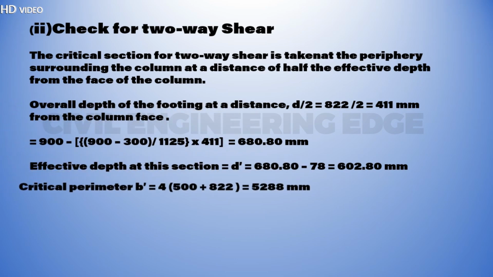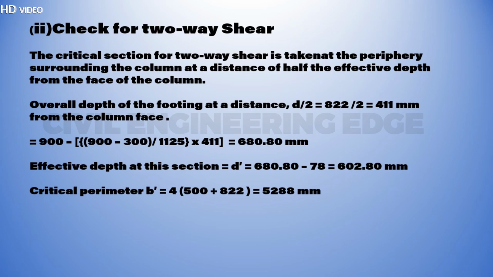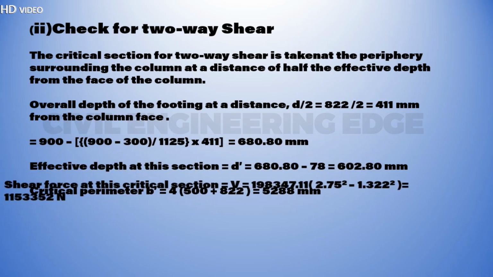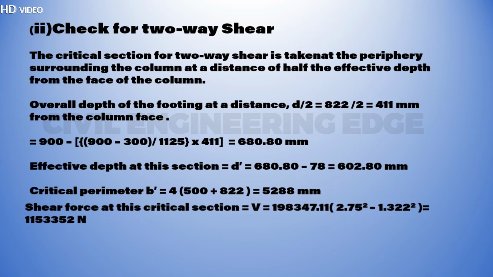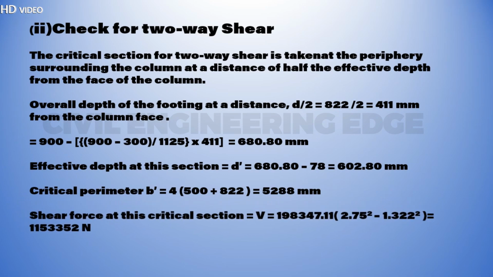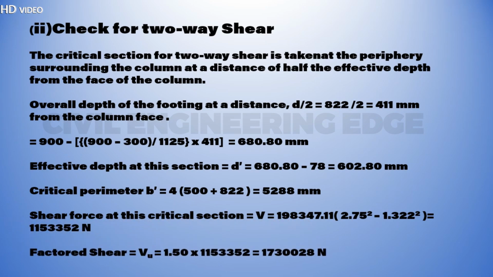Effective depth at this section, d = 680.80 − 78 = 602.80 millimeter. Critical perimeter = 4 × (500 + 822) = 5,288 millimeter.